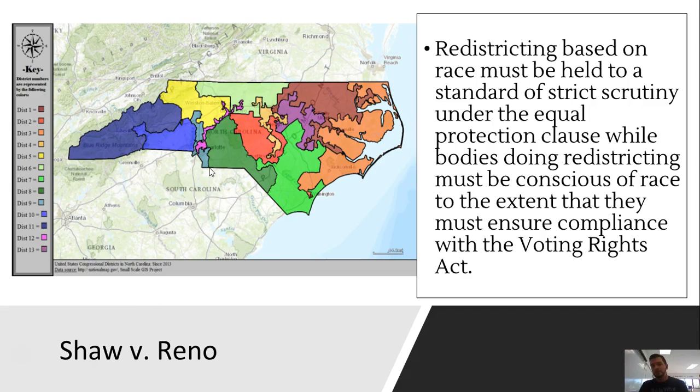They said that this district was unfairly drawn for African Americans, and they needed to redraw it because it was violating the Equal Protection Clause and not really corresponding to the Voting Rights Act, because had they drawn this more fairly, more of these districts would have had Democratic representatives. And again, we'll talk about this more in class. This is just getting you started here with Shaw v. Reno.